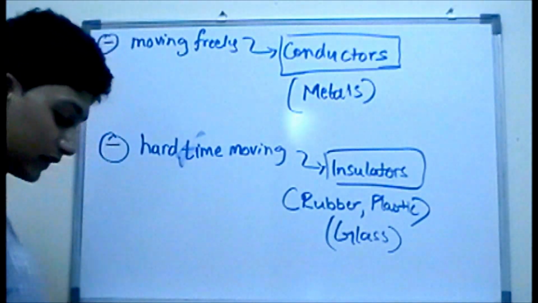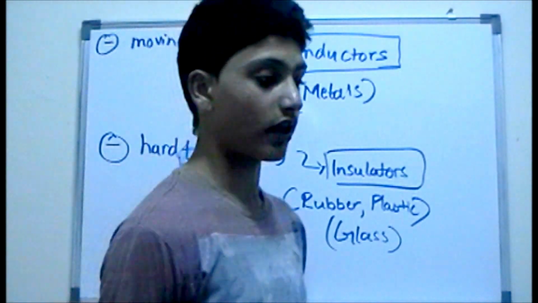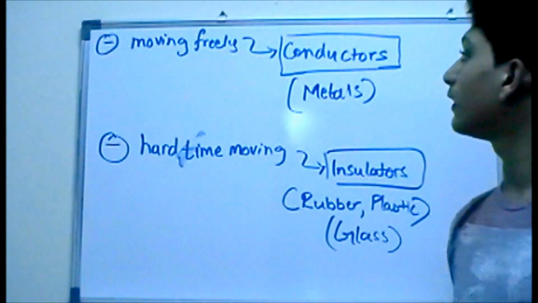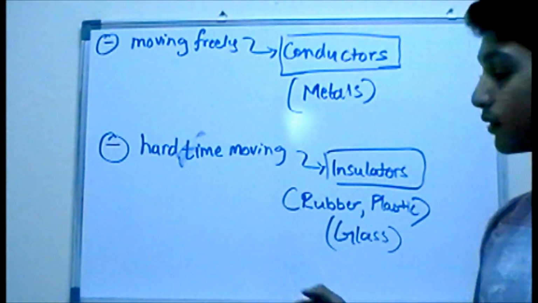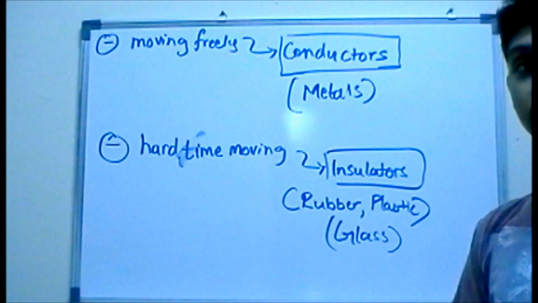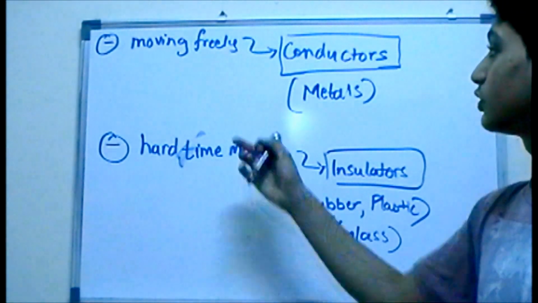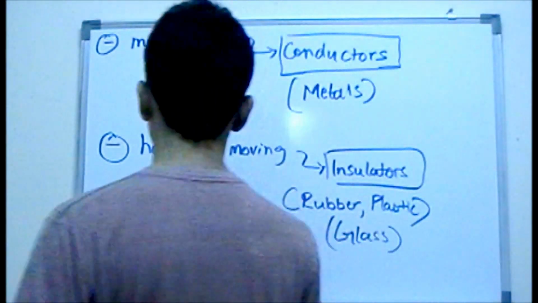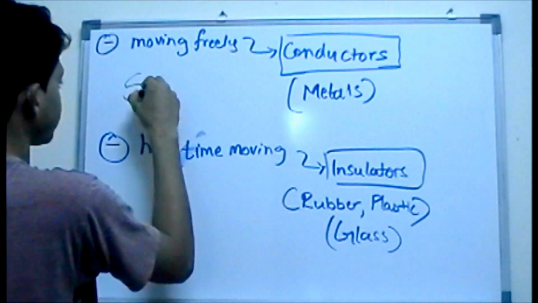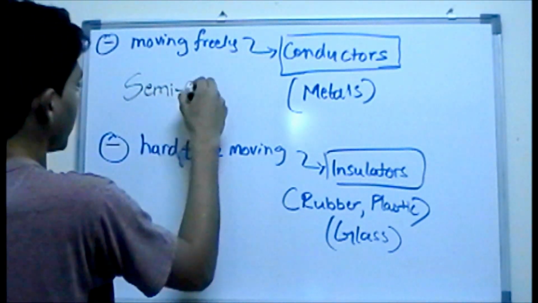Now we have something called semiconductors. A semiconductor involves these two properties. When a substance involves these two properties, it is called a semiconductor.